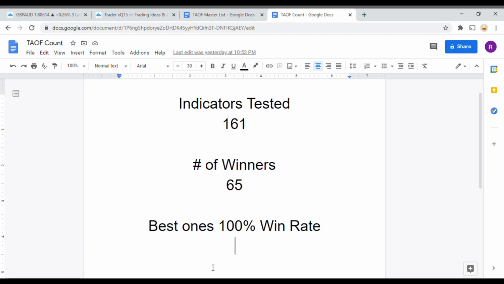The best ones so far were able to achieve a 100% win rate. Now you need to go back and watch those videos to understand the context of how they were able to achieve that. But as we are working on building the best trading system possible, you could take any one of those 65 indicators and get out there and start potentially profitably trading the markets with them now. So go back and watch those videos, make a list of those indicators, and get out there and see what you can do with them.